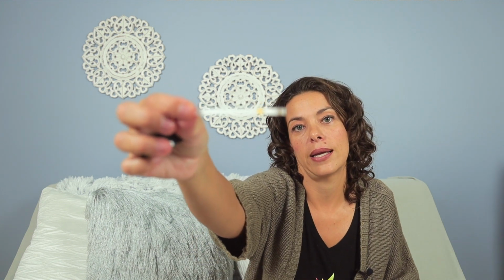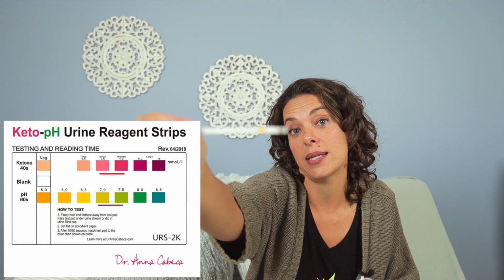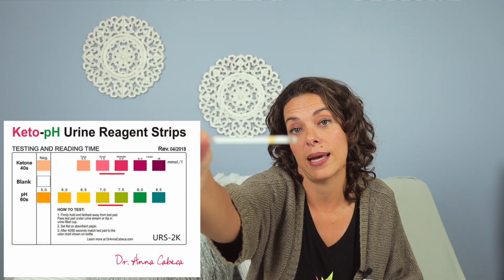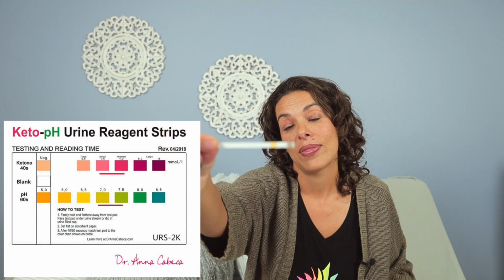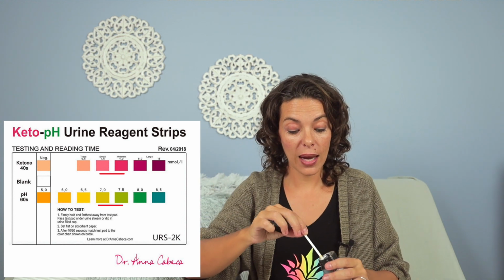I personally like these pH strips from Dr. Anna Cabeca, where you can see that you have like here, 3 bands. The one in the middle is nothing, it's just to separate the other ones, and then you have one that is ketones and one that is pH. So with this, you can test in your urine and then identify if you are in ketosis.